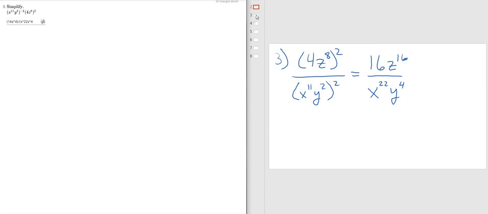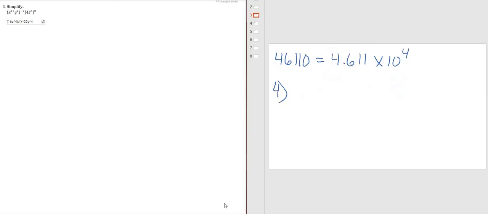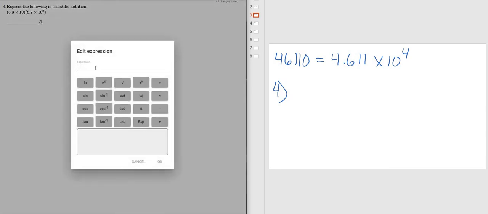Now let's see what else I've got. Number 4. This one, express the following in scientific notation. I just multiplied that out in my calculator and it gave me 46,110. Here is the answer in scientific notation. Again, I want to show you how I would type it out, because I'm seeing some students do this, times 10 to the 4th.